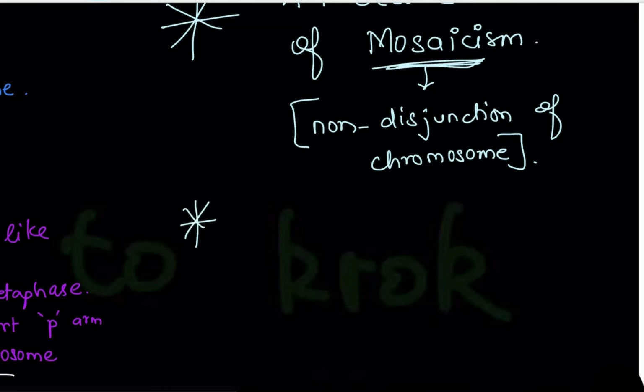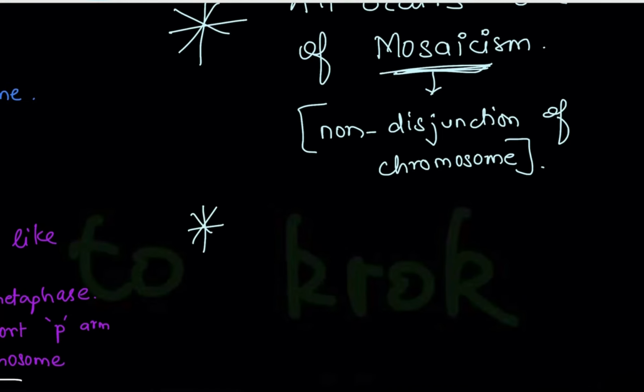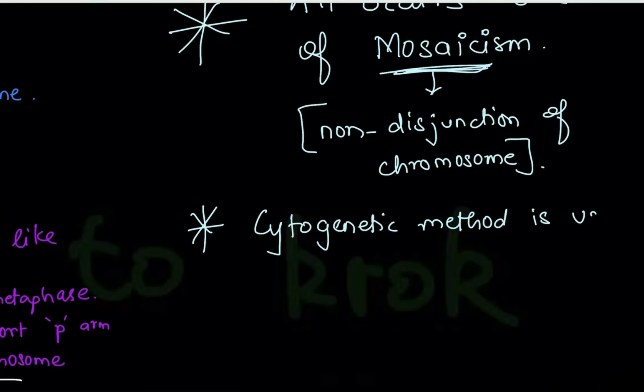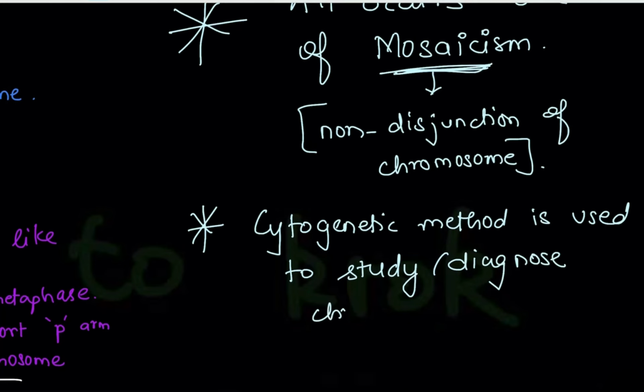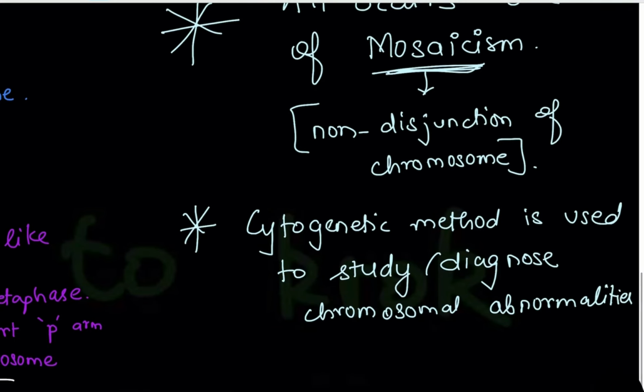If you have to check this chromosomal abnormality in a person, we carry out a method called cytogenetic method. So write down, cytogenetic method is used to study or diagnose chromosomal abnormalities. Remember this, guys, it is very important.